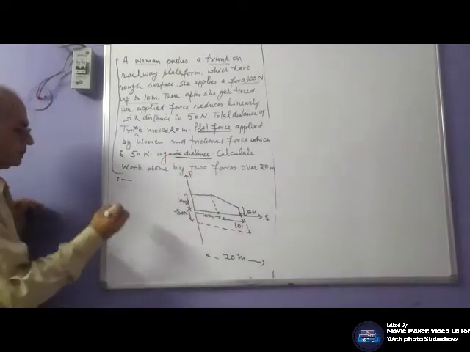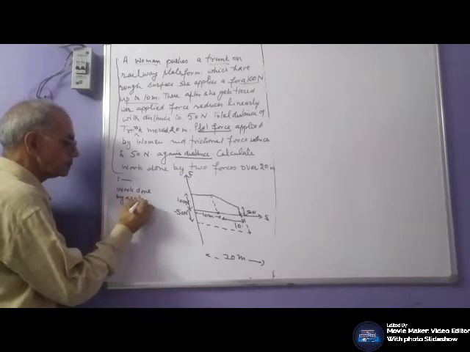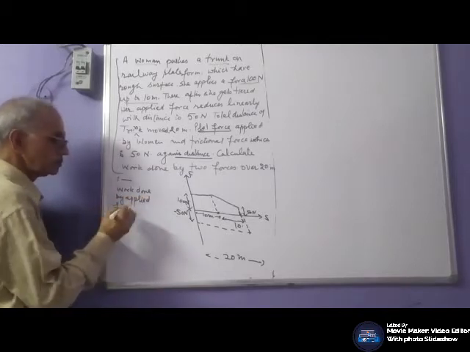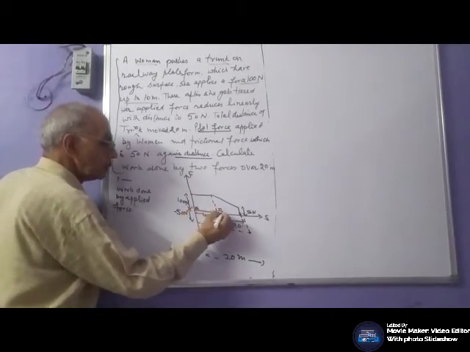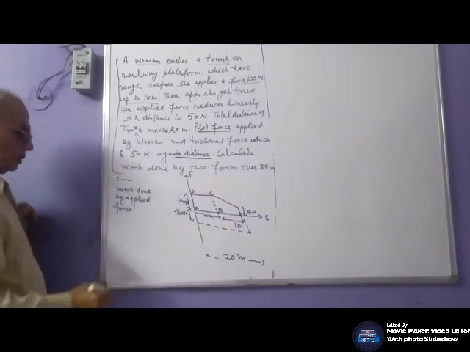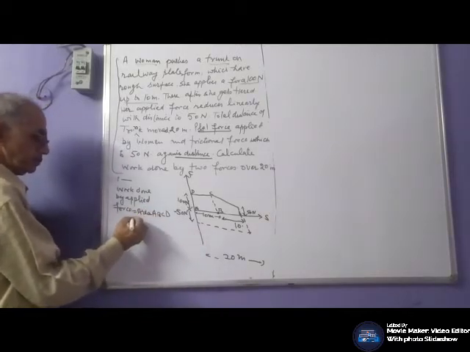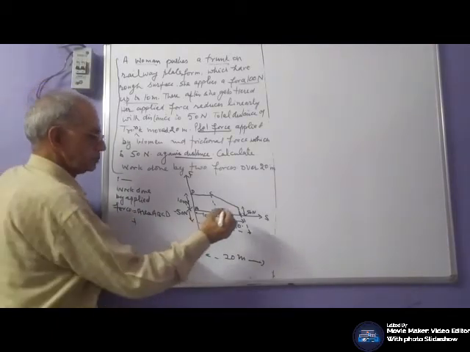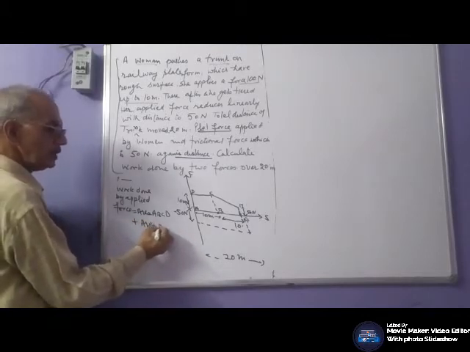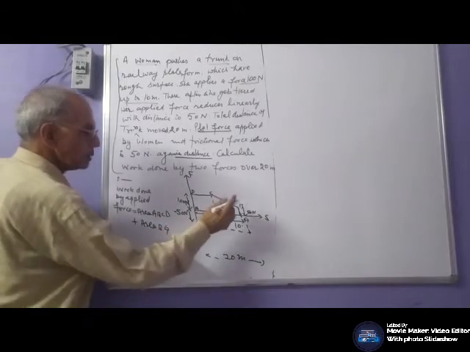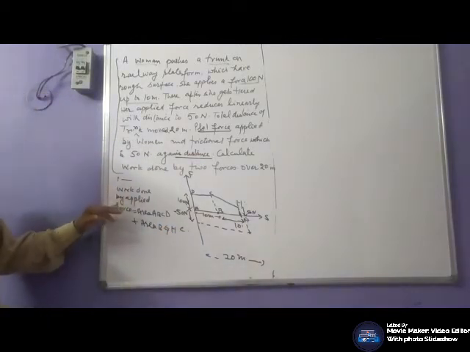Calculate the work done by the two forces. Work done by the applied force is the area ABCD plus, say this is G, area BGHC. This is the work done by the applied force.